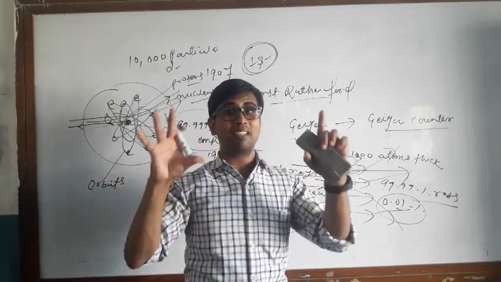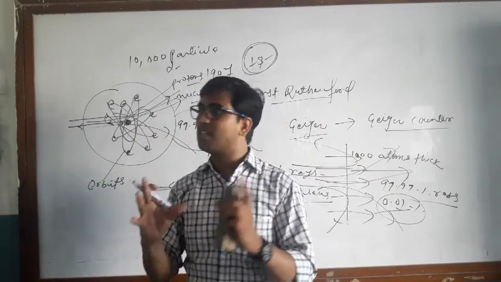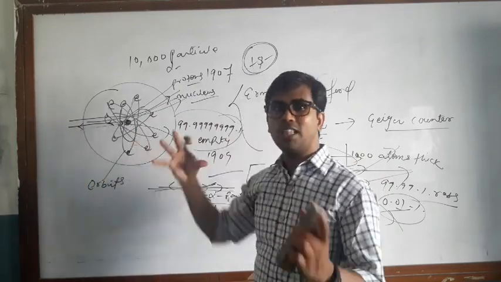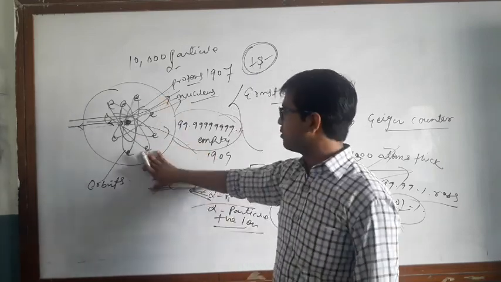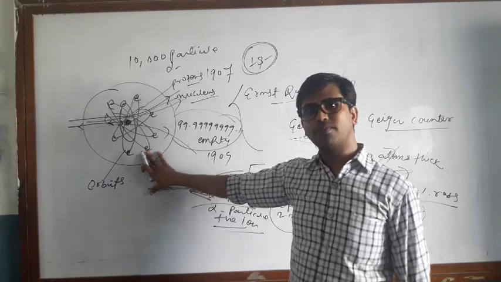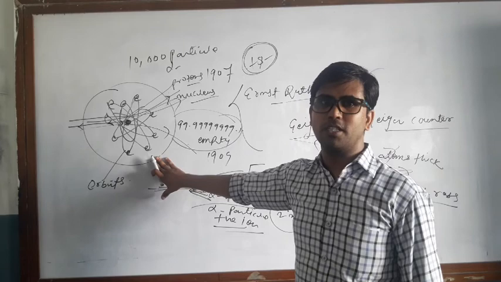So Rutherford imagined the atom is just like a solar system. He imagined the nucleus as a sun and all the electrons like planets revolving around the nucleus. And this was the first model of Rutherford, the outcome of Rutherford's gold foil experiment.